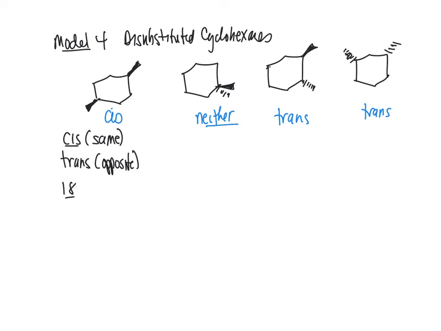All right. Consider the chair conformation, number 19, for the 1,2-dimethyl cyclohexane on the left. So I will draw my chair as you answer the questions.